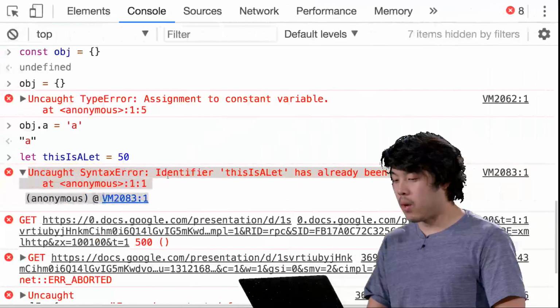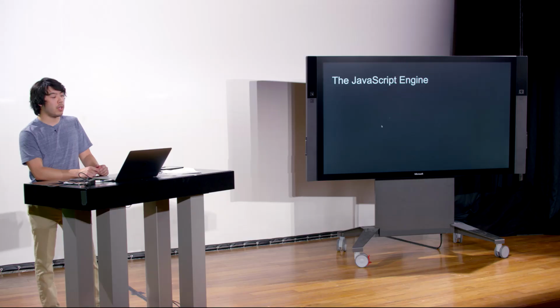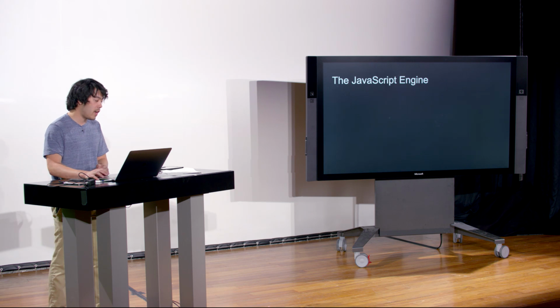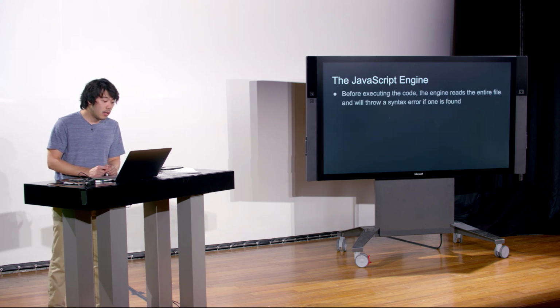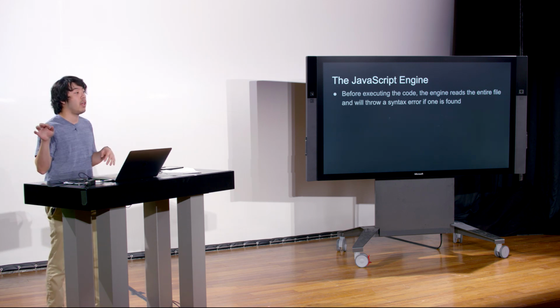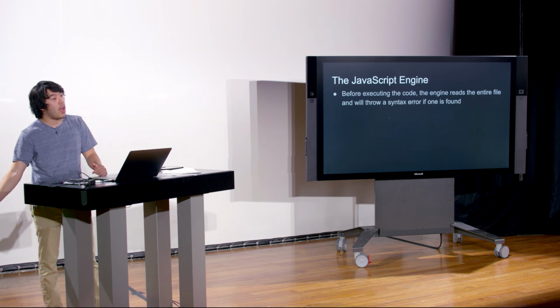So why does this happen? How does this happen? And the reason is actually how JavaScript is executed. So there's 2 phases in the execution of a JavaScript file. Before executing any code, it has all of the text in front of it, but it hasn't executed anything. It just reads the entire file. And what's it looking for?